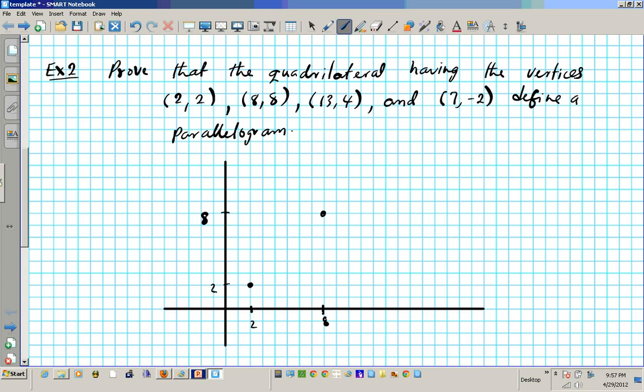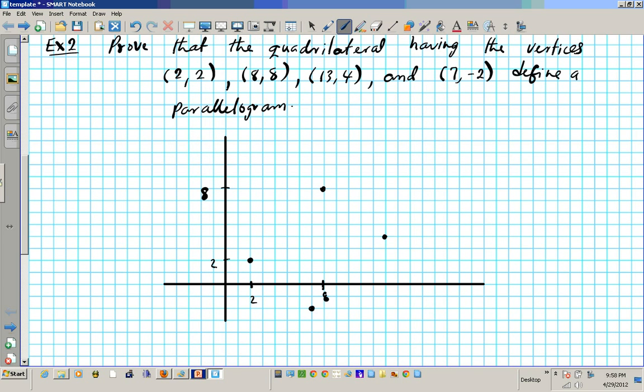There you have a point. Next one is (13, 4): 8, 9, 10, 11, 12, 13, then go up 1, 2, 3, 4. The last but not the least is (7, -2): 7 right here, negative 2. So there go your points. I'm going to connect the dots.